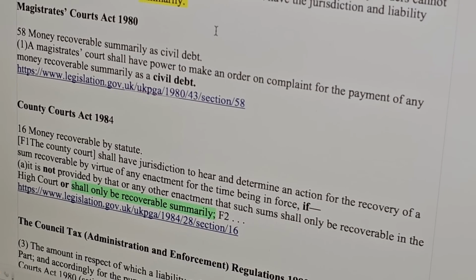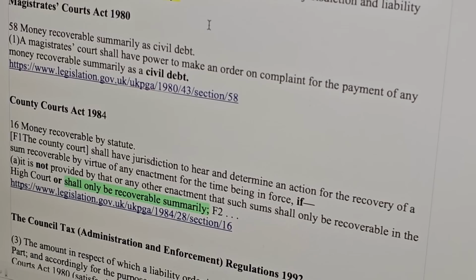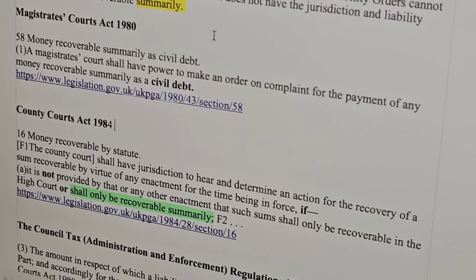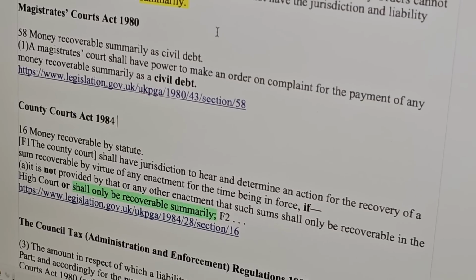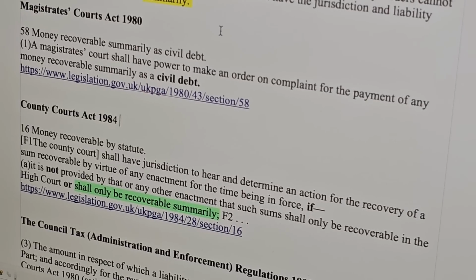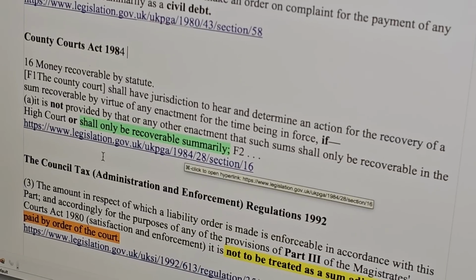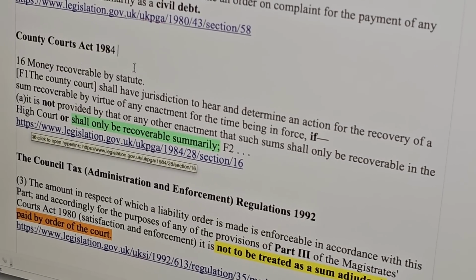So if you look in the Magistrates' Court Act, you'll see there's fines and you will see there's civil debt. If we had a civil debt, we'd have to go straight to the County Court. Why do the councils go into the Magistrates' Court to get a liability order, knowing that the County Court hasn't got this jurisdiction according to the County Court Act of 1984?